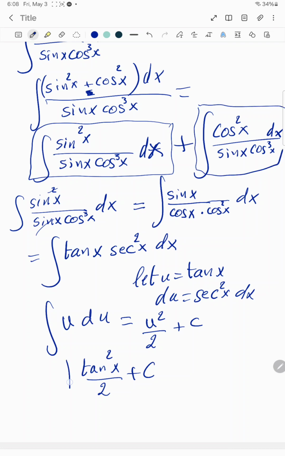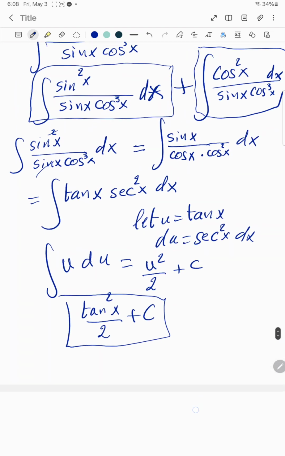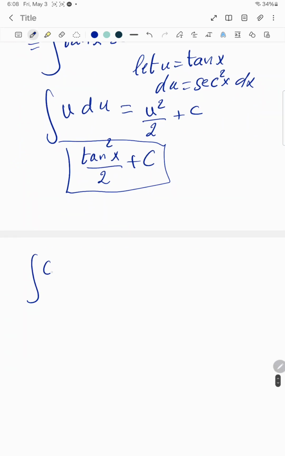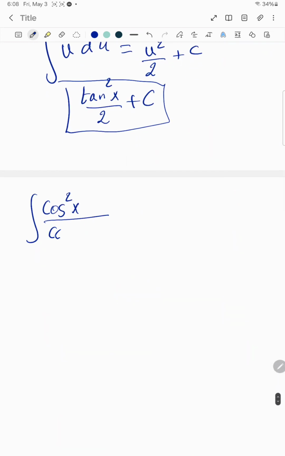I will take the second part, cosine square of x. So the second part is integral of cosine square x divided by sine x cosine cubic of x dx.